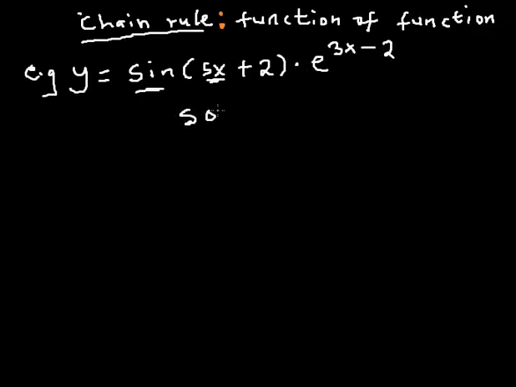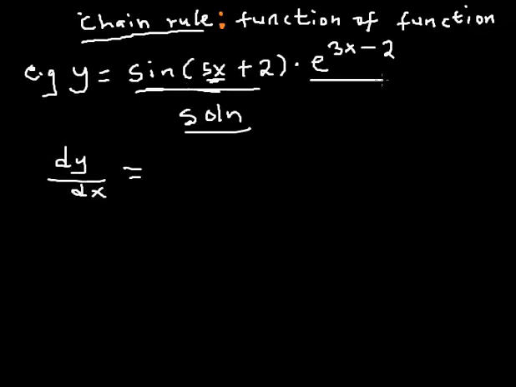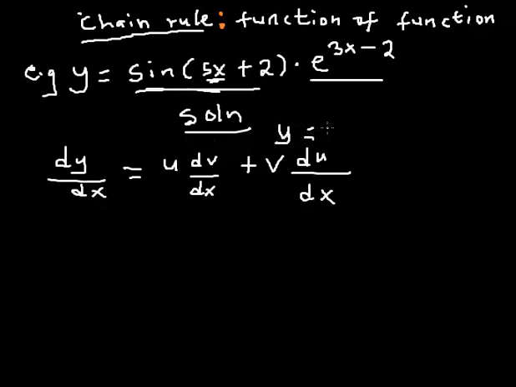Solution. So apply the shortcut to this. Now remember the product rule, let me give you the formula again. dy/dx is going to be equal to u times dv/dx, plus v times du/dx. This is u and this is v, and that's for a product function y equal to uv.